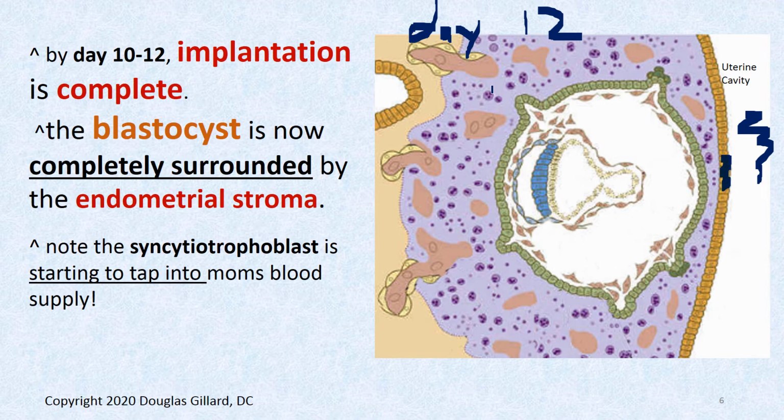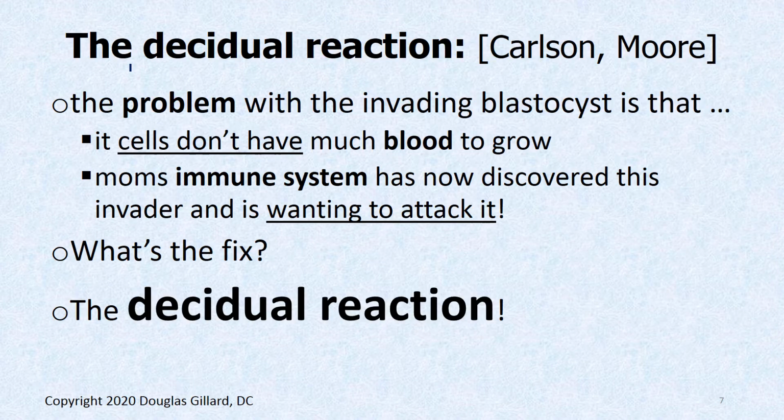And look at how the syncytiotrophoblast has gotten huge, right? We could also see it's been tapping into these little capillaries, which we're going to talk about. So it's trying to get a blood supply going as well, because right now we have no blood supply. And this is called the endometrial stroma. It's completely surrounded by stroma by day 10 to 12.